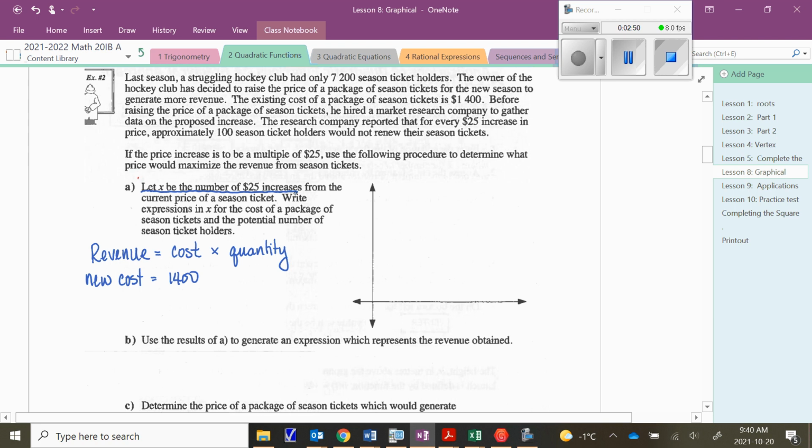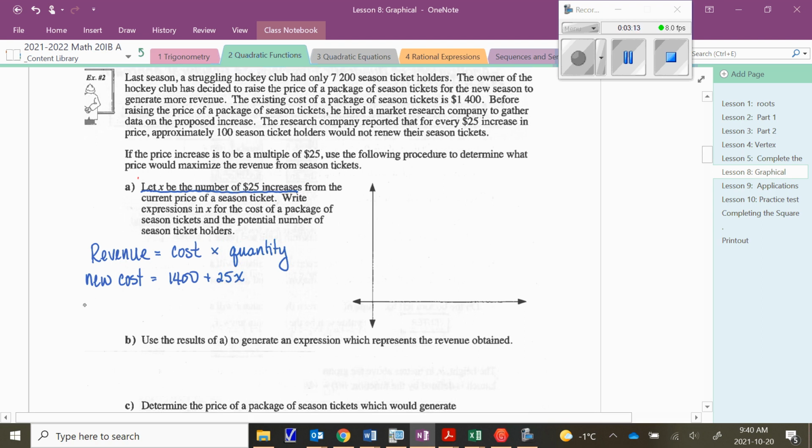So our new cost is going to be $1,400 plus 25 times the number of increases. If x is 1, we increase it by 1 increment, so the price would be $1,425. If x is 2, $1,450, and so on and so forth.